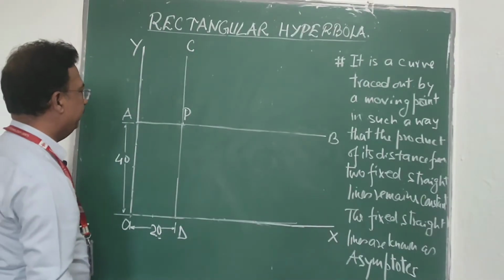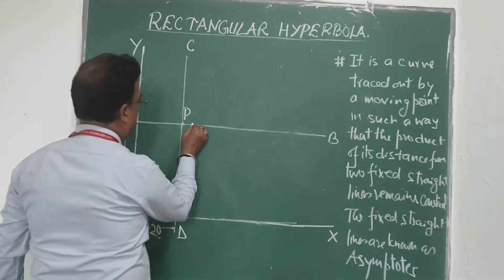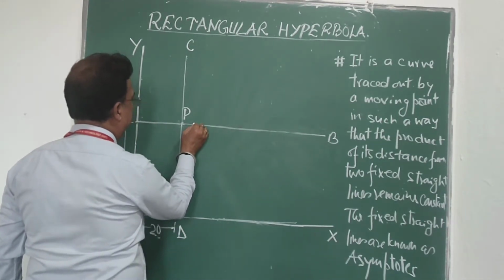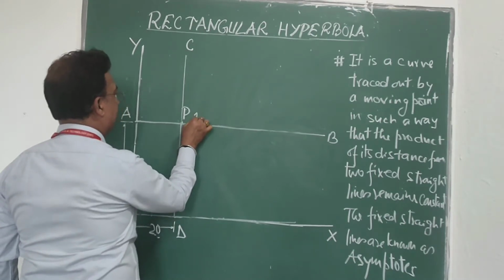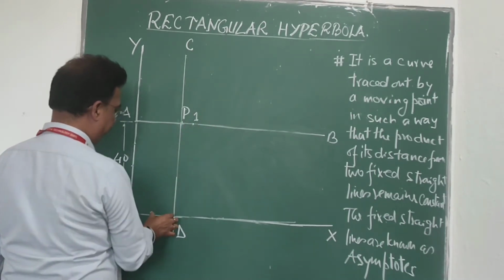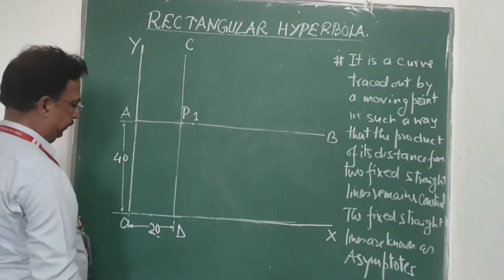After that, I will mark a point 1 at any distance. Suppose initially I take a distance of 5 mm.